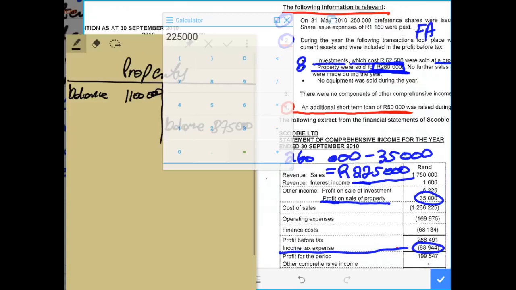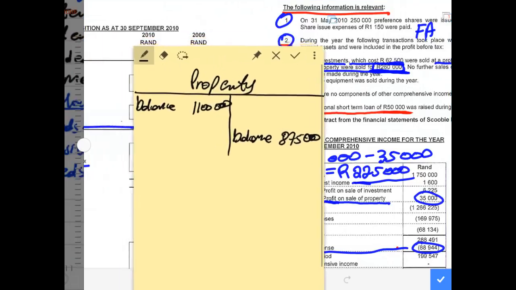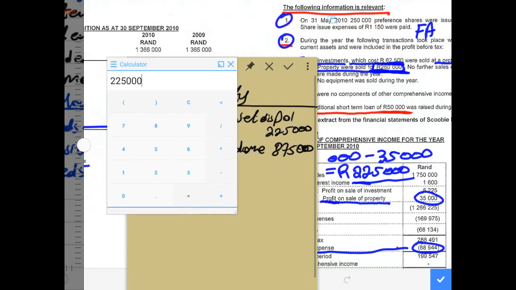So if you are given these figures, you'll still be able to calculate the profit on the sale of the property. Now on the credit side of the property, we write asset disposal. Our asset disposal will be 225,000 rands, which is the value of the property when it was sold.